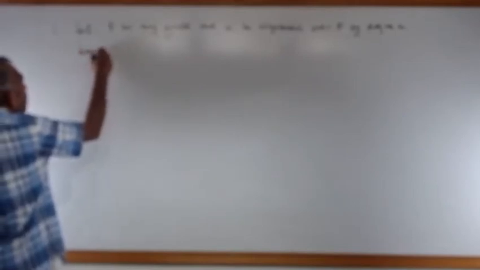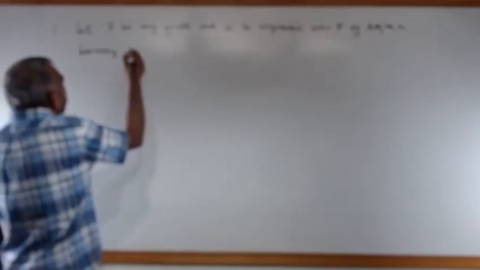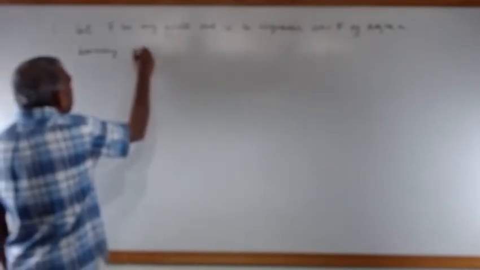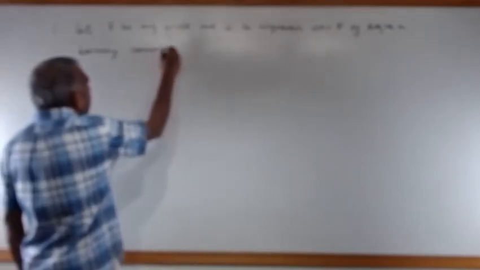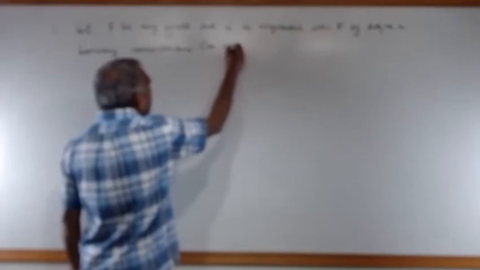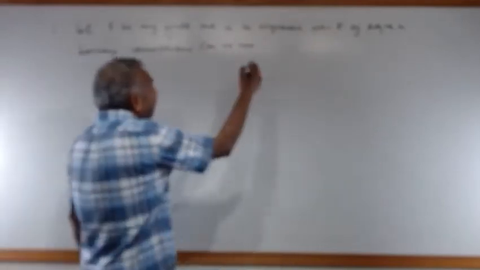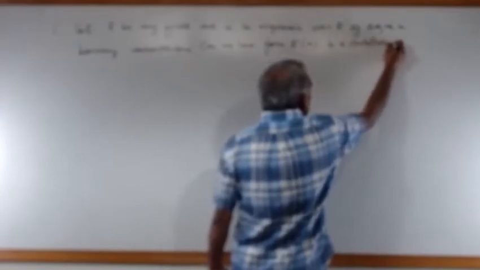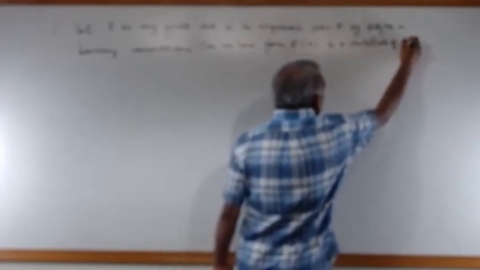Then how many isomorphisms can we have from F alpha to a subfield of F closure?